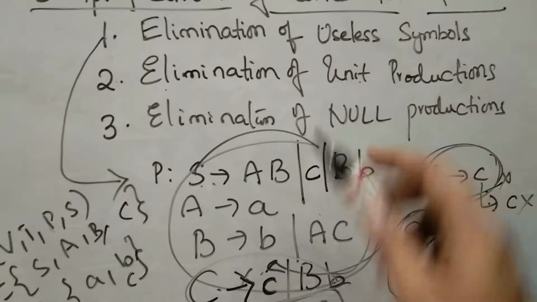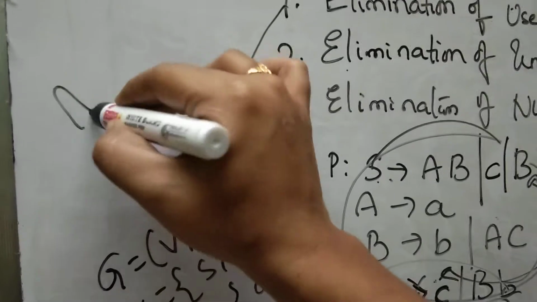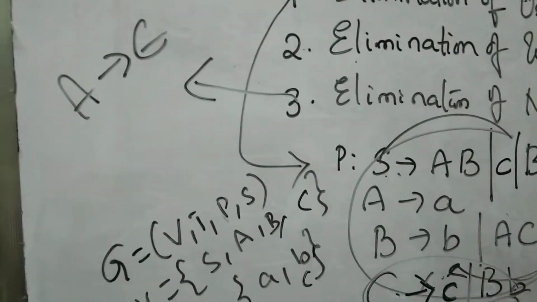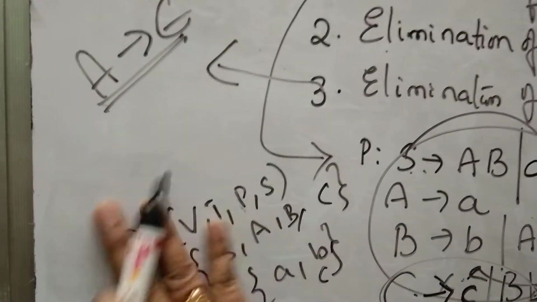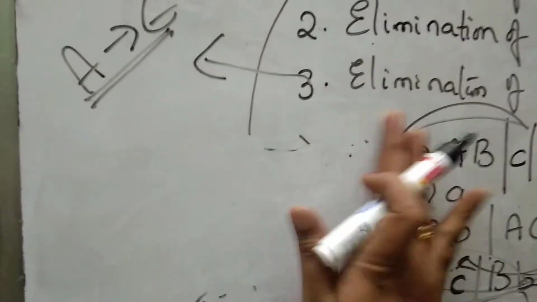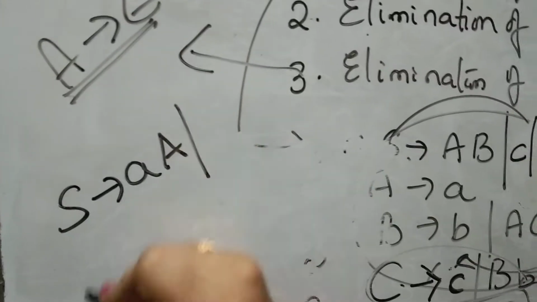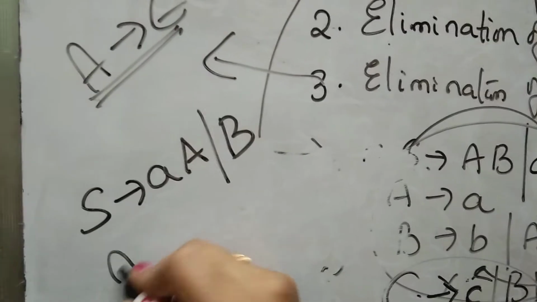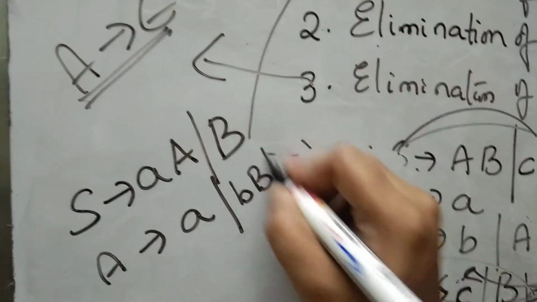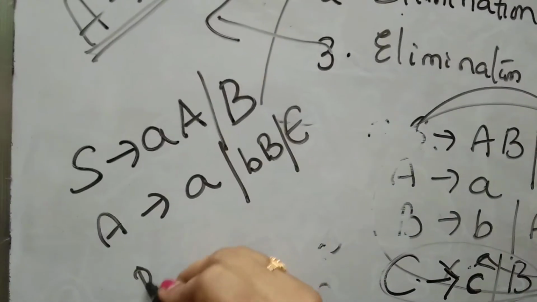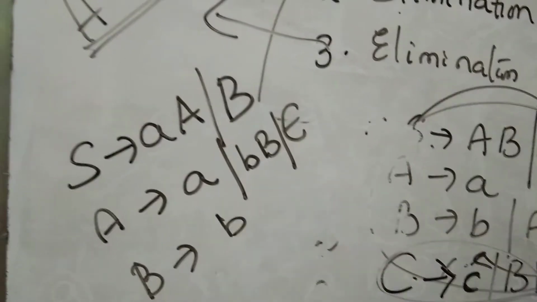Now coming to the third one, elimination of null productions. These null productions are in the form A tends to epsilon. If such productions exist, we call them null productions. For example, in your grammar, S tends to A or B, A tends to a or BB or epsilon, and B tends to some production b.